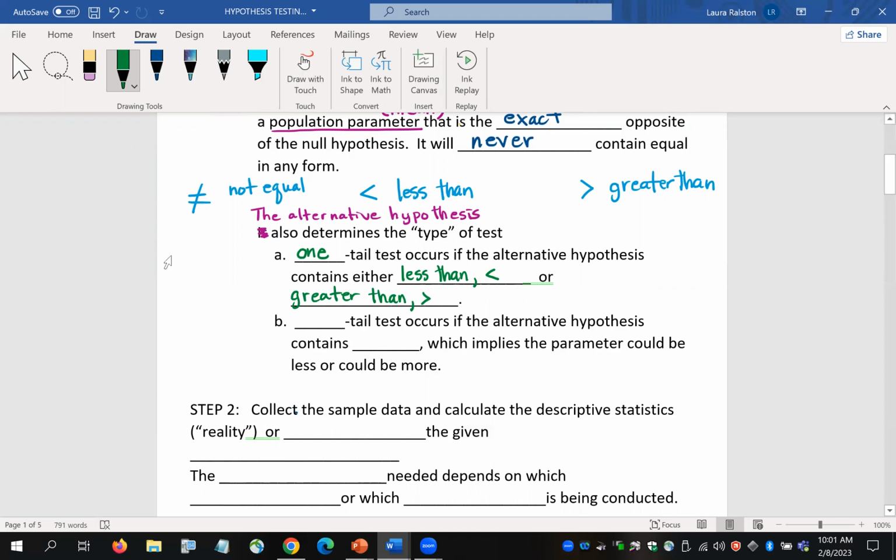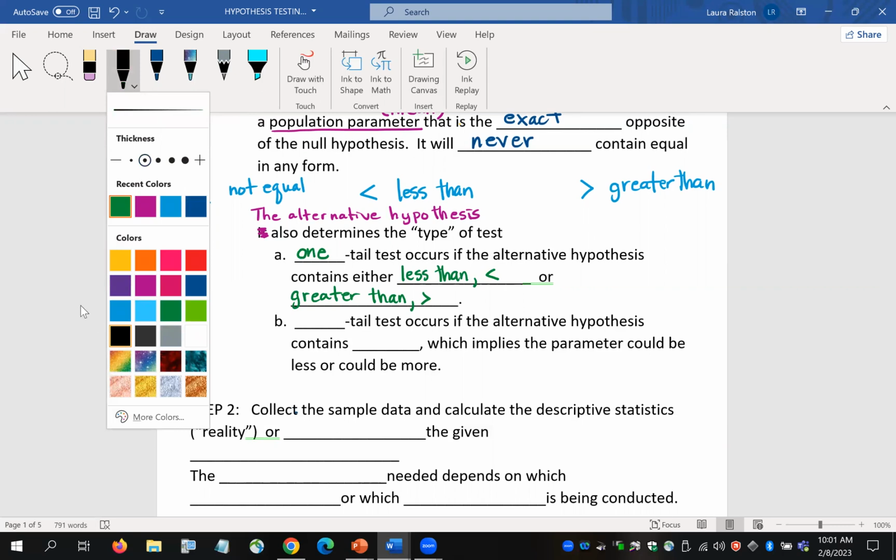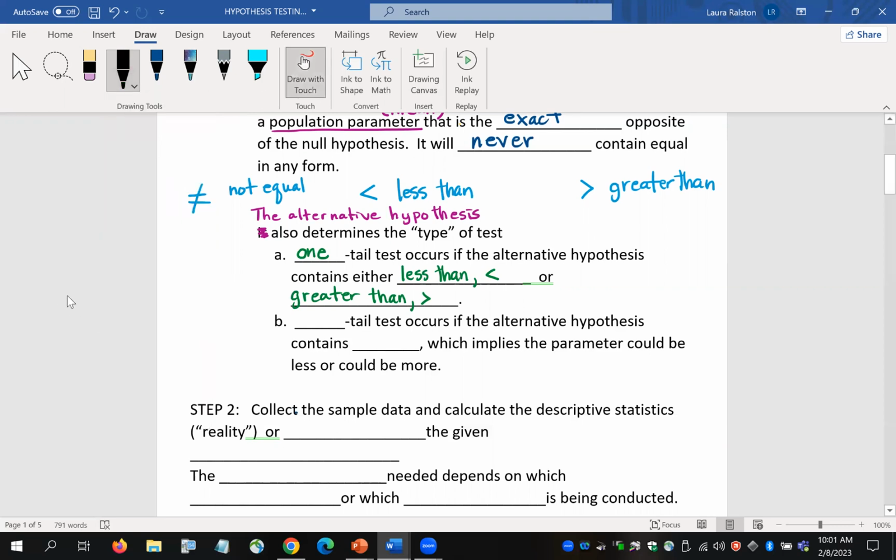Now, I'm going to try to give you a visual of what that means. Our hypothesis test is usually based on the normal distribution. So normally we're thinking about our bell-shaped curve with the mean in the middle.